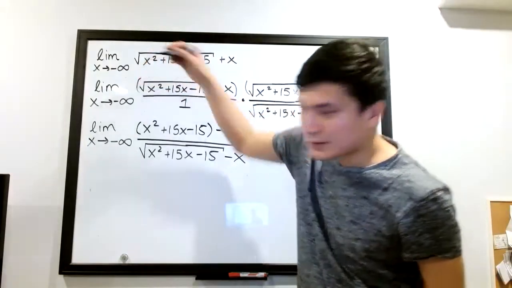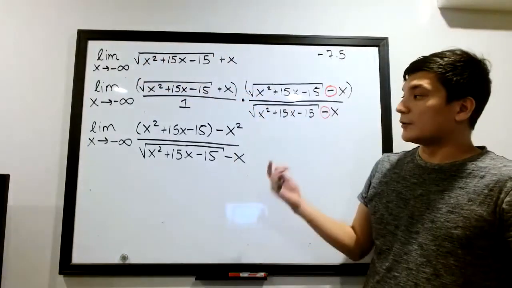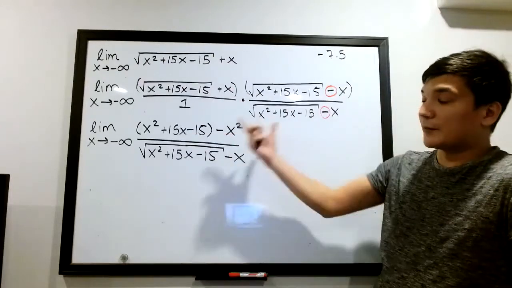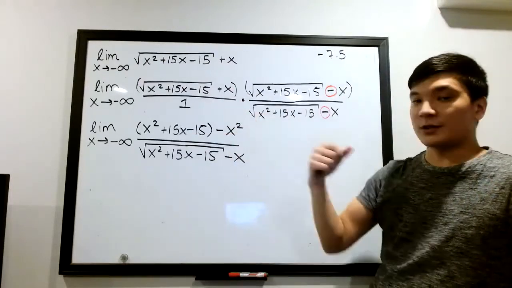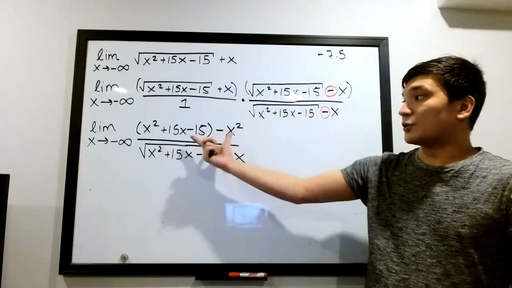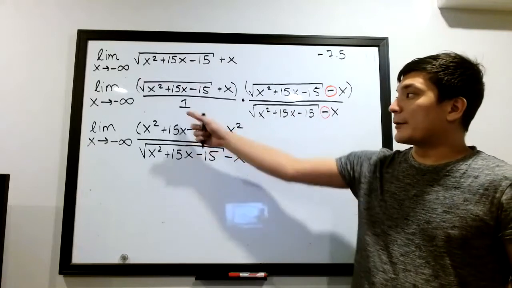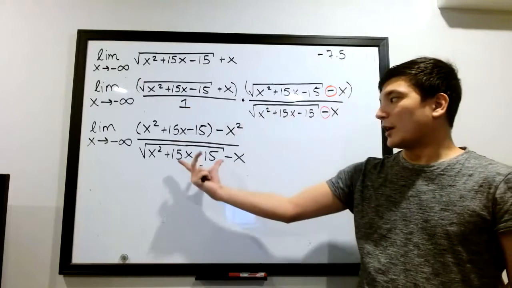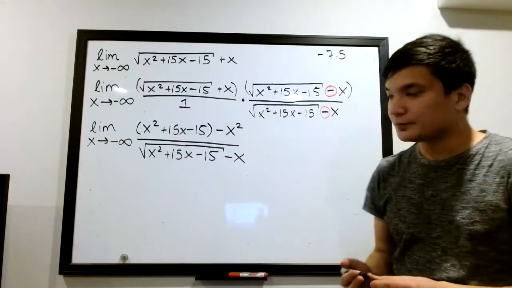Notice that this is just a difference of squares, so we apply the formula and simplify to this. If you're not familiar with that formula, you can just FOIL it out and after some simplification you should get this. And in the denominator, I just did 1 times this expression and put it right over here.